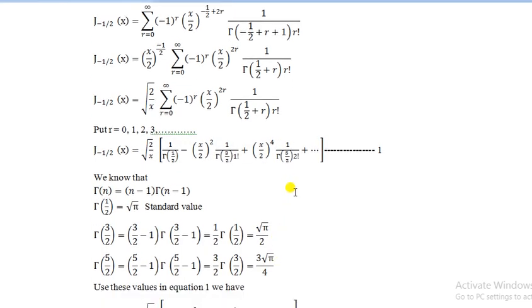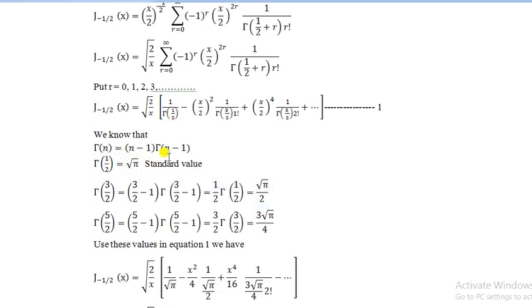And we already know that the formula for gamma of n is n minus 1 gamma of n minus 1, and the standard value of gamma of 1 by 2 is square root of pi, and we already calculated the gamma of 3 by 2 and 5 by 2 values. So use gamma of 1 by 2, 3 by 2 and 5 by 2 values in equation number 1.